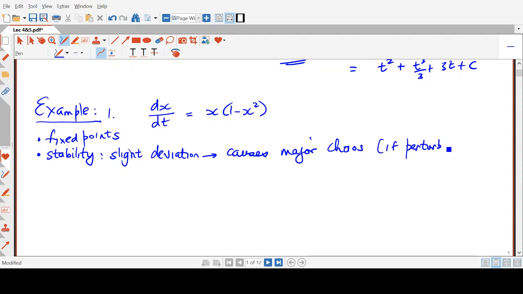If you perturb a system or disturb it, and it blows away out of proportion, then it's called an unstable equilibrium. Take a parabolic hill, place a ball on the top of the hill.